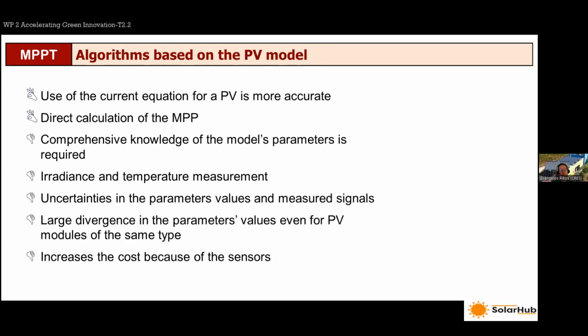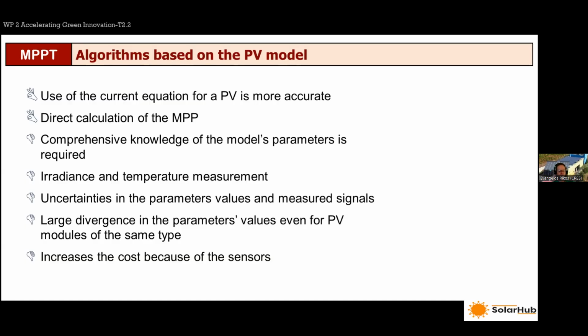There is in literature also another group of algorithms that is based on the PV model. One could use the analytical IV characteristic in order to identify the maximum power point directly, based on the specific function.